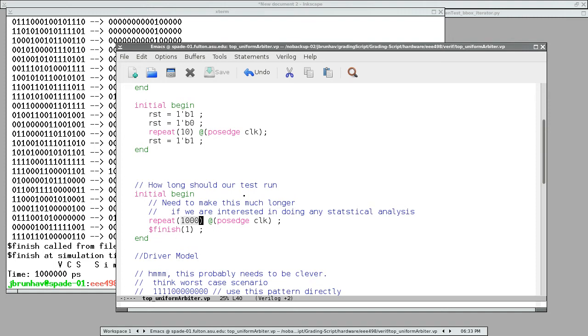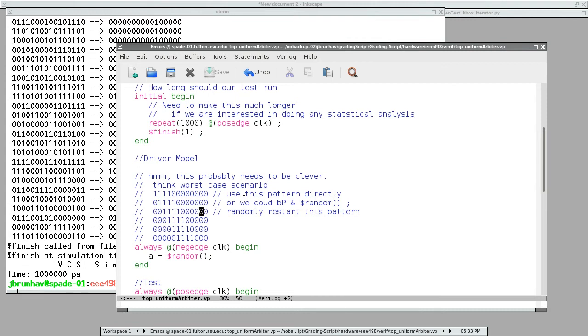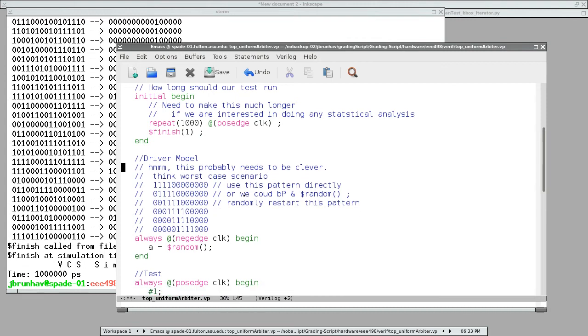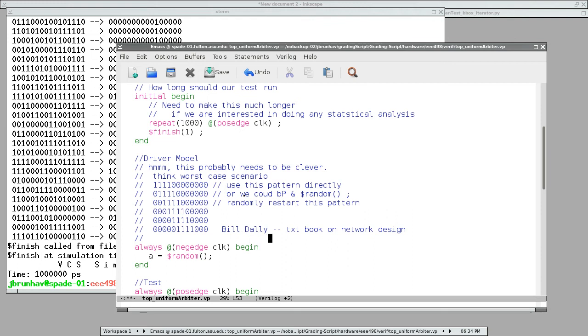If we were to do this at a production scale, to make this production worthy we would need to think about all of the tests that we would want to run. I think it's been a while, but I think Bill Dally has a textbook on network design, and I would need to look it up, but I think there are some worst case traffic patterns from that.